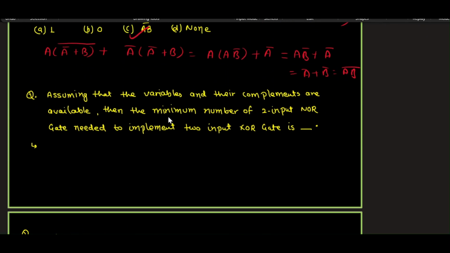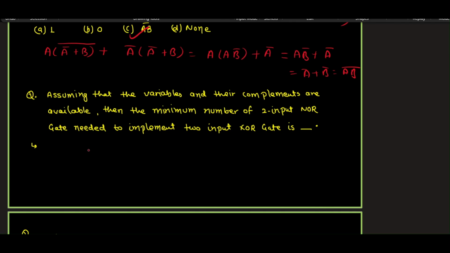Assuming that the variables and their complements are available, what is the minimum number of two input NOR gates required to implement an XOR gate? Anyway, let me show this one. We know this thing, right?